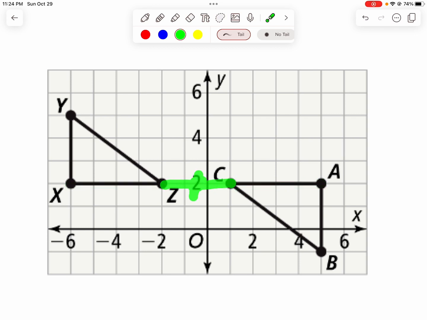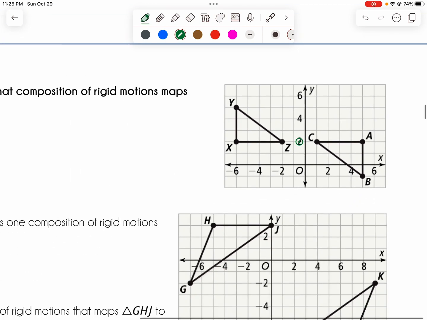C to Z can be cut in half right there. B to Y can be cut in half right there. That makes this the center of a rotation. We can actually rotate around this figure and transform ABC so it lands on X, Y, Z. And that's what we're going to do.